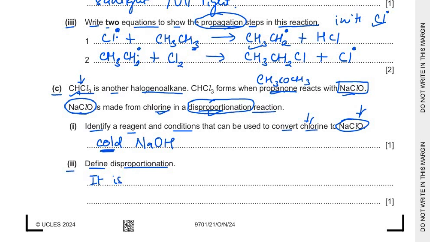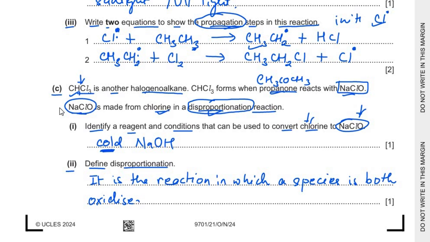It is the reaction in which a species is both oxidized and reduced together, which means it forms a product where the species is oxidized, and it forms another product where the species is reduced also.